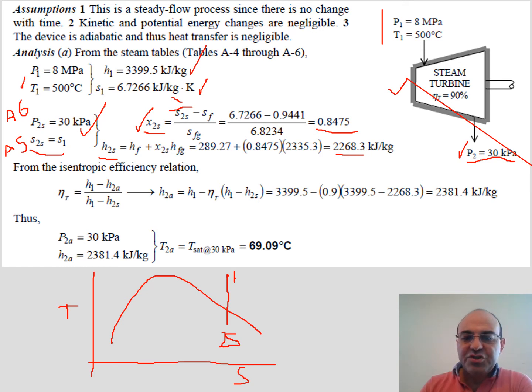This is based on the isentropic assumption, or constant entropy assumption. In reality, point 2 will probably be somewhere like here, either superheated or here. So this would be point 2S and this would be the actual point 2.